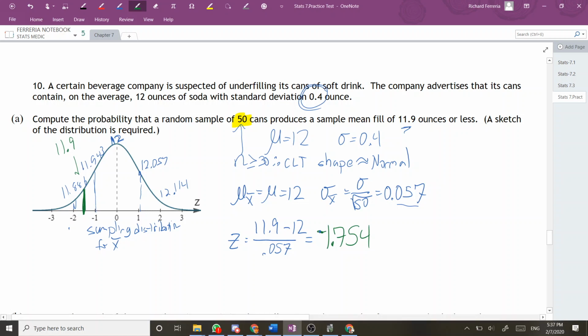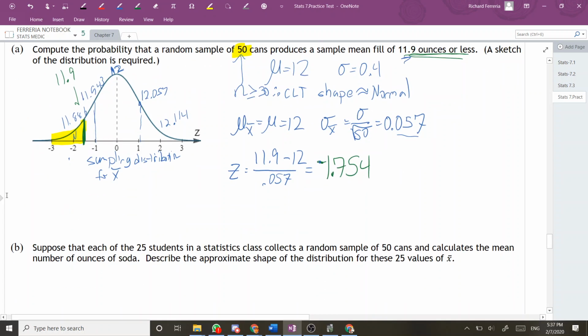We want 11.9 or less, so we want to shade to the left of that, because less means to the left, of course. So we want that area. If you're estimating, you know that the area here is 0.5, and you know the area all the way over here is 0.16. So we're looking at an area that's bigger than 0.05, less than 0.16. That should be the correct answer.